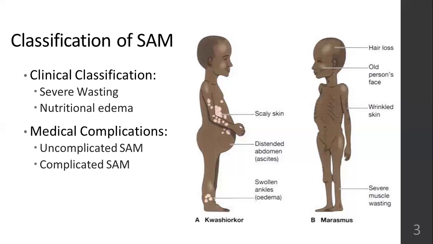Medically, you may face either an uncomplicated severe acute malnutrition or a complicated severe acute malnutrition. In uncomplicated cases, nutritional therapy can be started at home itself, and the child can gain weight and get back on the growth track. That is uncomplicated severe acute malnutrition.